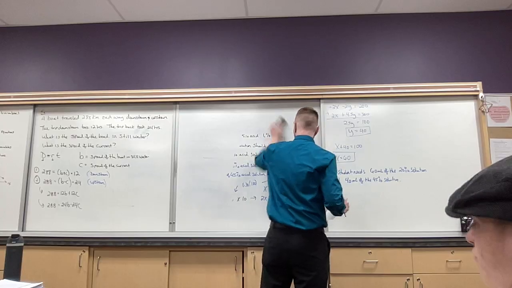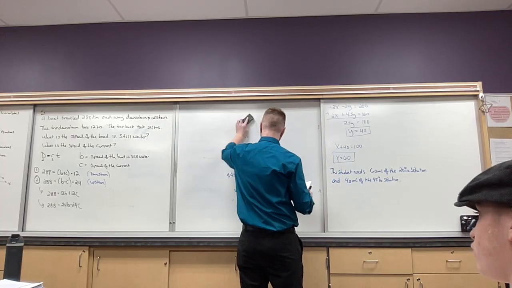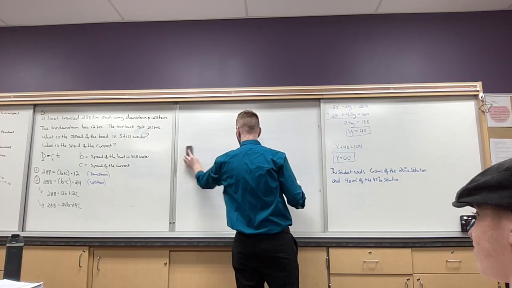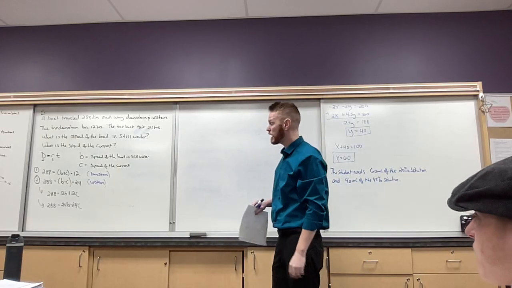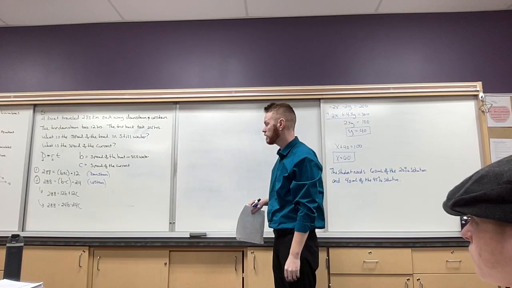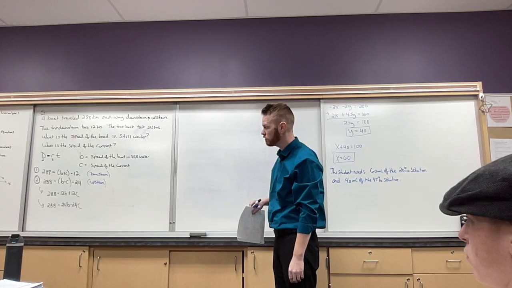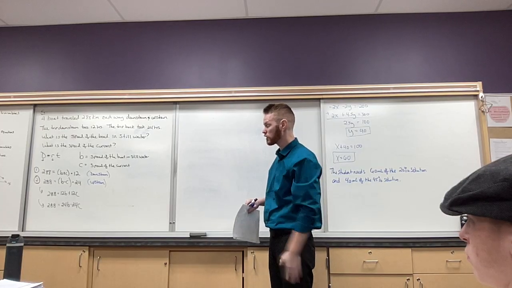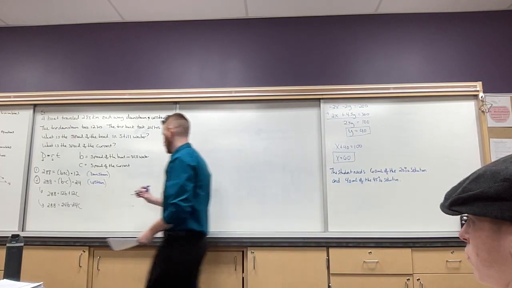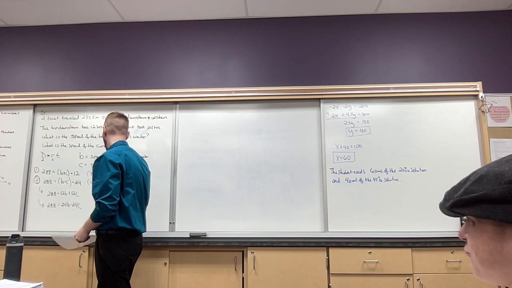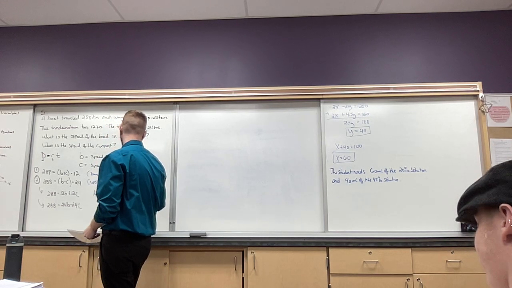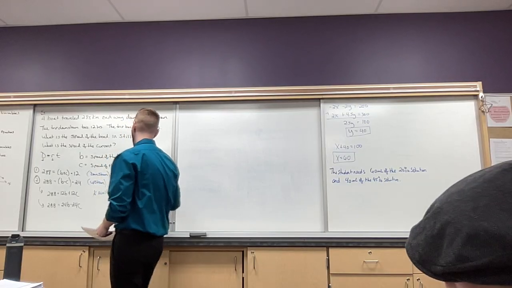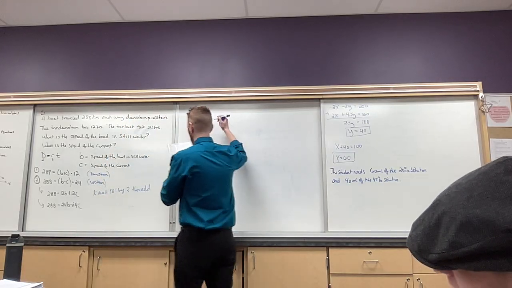Now we have two methods, substitution or elimination. I think elimination would be great, because if I multiply the top one by 2 and add them, I think we get rid of the C's. So let's do that. I'm going to multiply equation 1 by 2, then add.